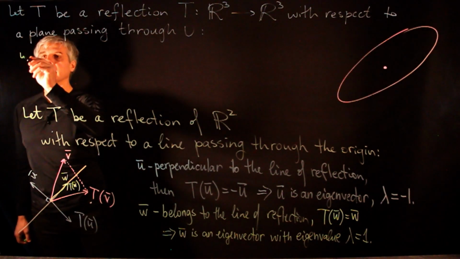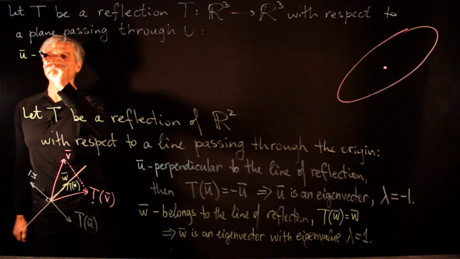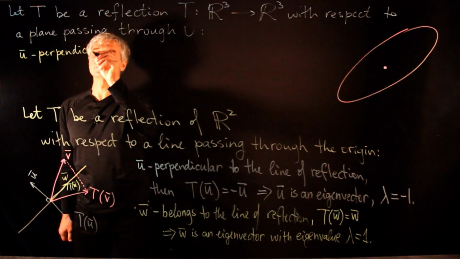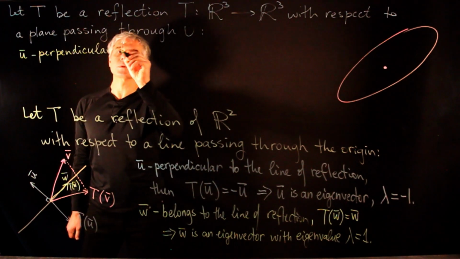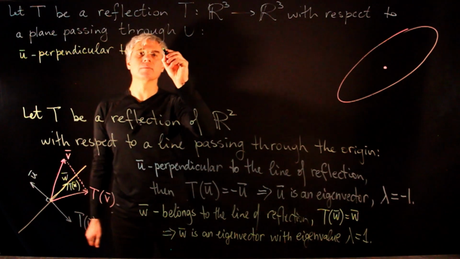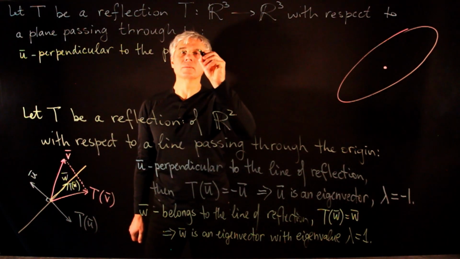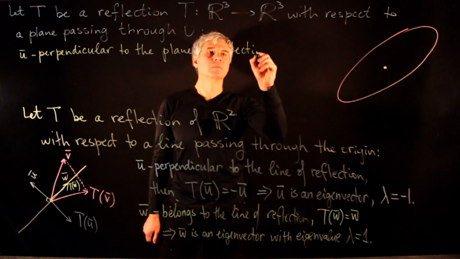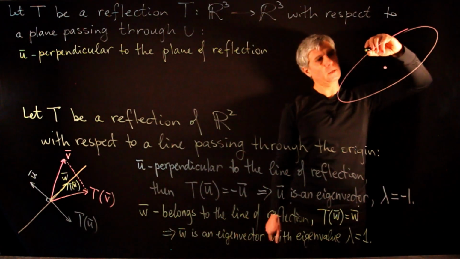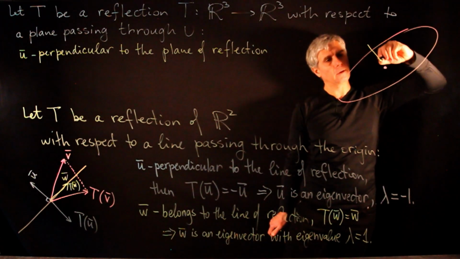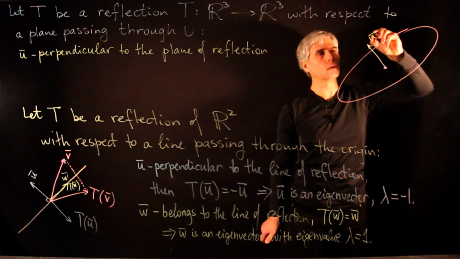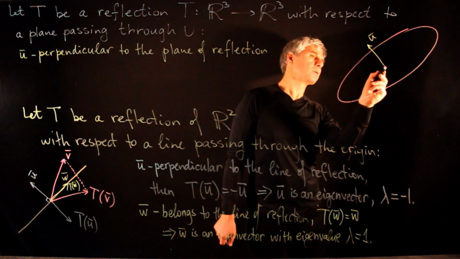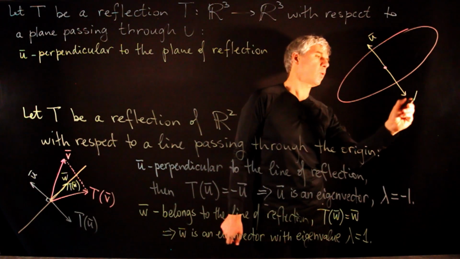If we take a non-zero vector u, which is perpendicular to the plane of reflection, so here we have a vector that looks like this. Then when we take its mirror image, it will be on the opposite side.